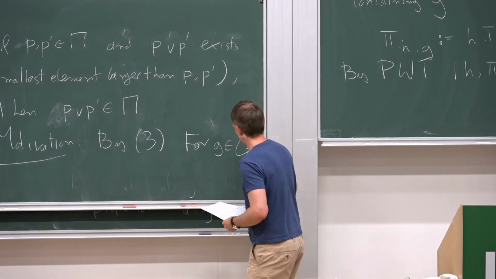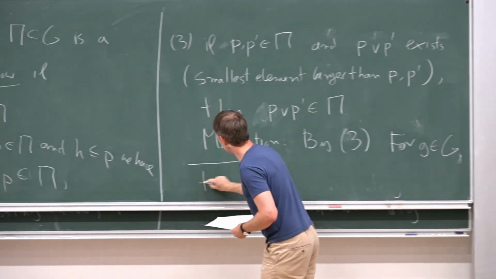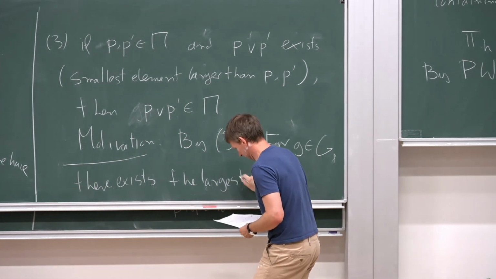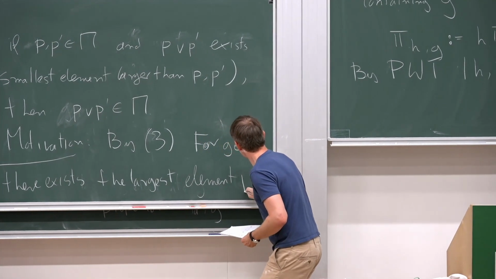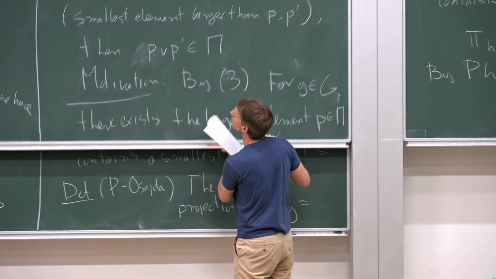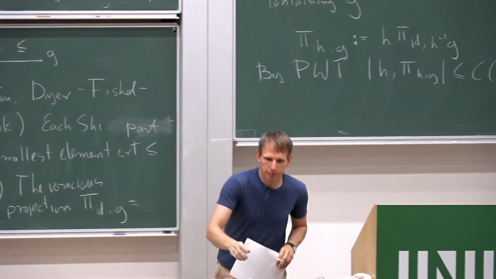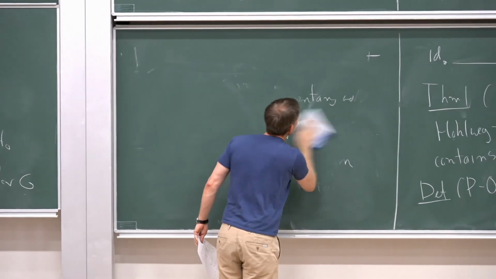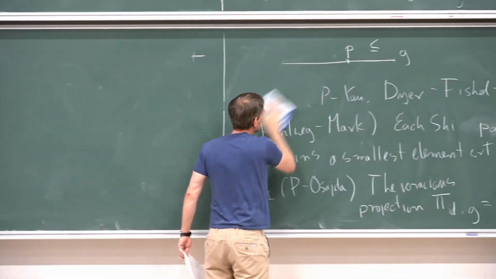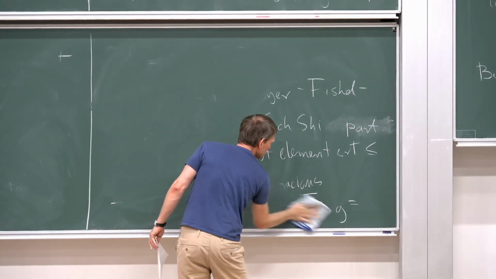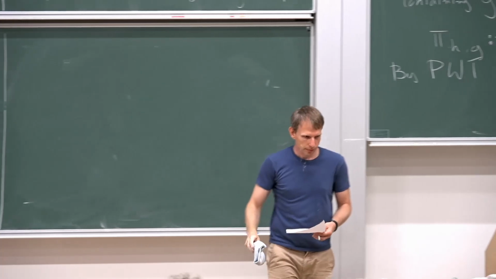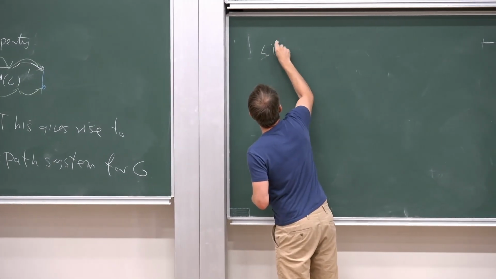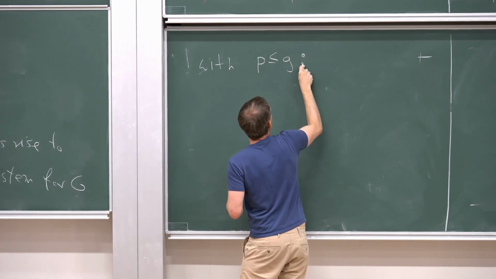So for an element G in the Coxeter group, I claim that there exists the largest element P of the shadow that's still smaller than G. Largest element P in the shadow with the property that P is smaller than G. So why is that?